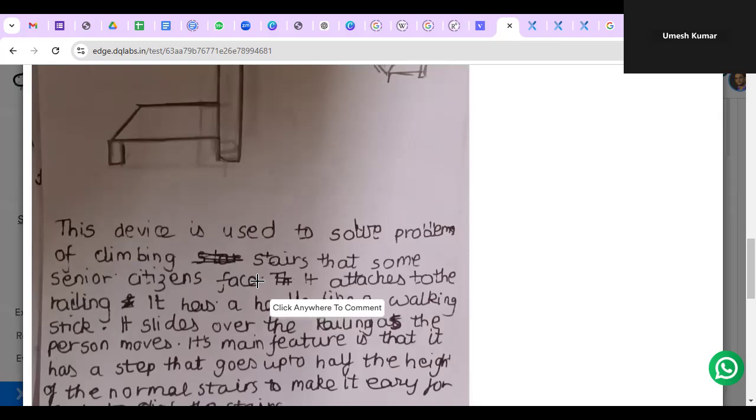It could be the tread height. Tread is basically the distance between two steps. So maybe the tread is too high for them to climb each step one after the other. You've got to show the reason. What is the reason climbing the stairs is difficult for the senior citizens? Okay, that part is missing.